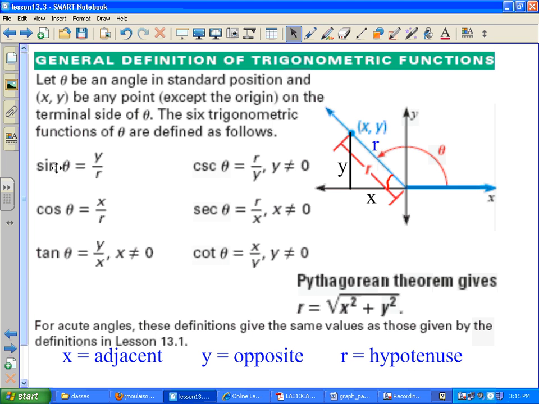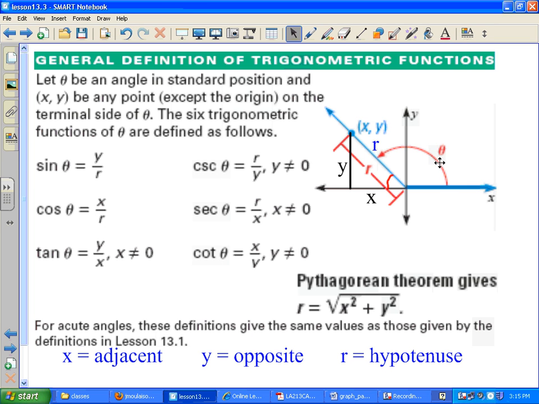So for example, we know sine of theta as opposite over hypotenuse. Well, in terms of these definitions, the sine of theta would be y over r. Cosine's adjacent over hypotenuse, that would be x over r. Tangent is opposite over adjacent, that's y over x. And you can see for a triangle here how those sides are labeled.